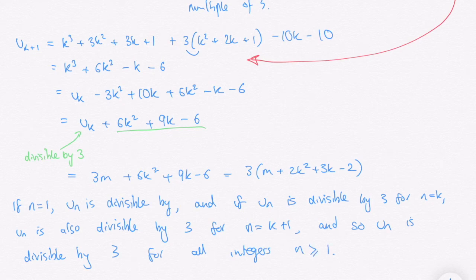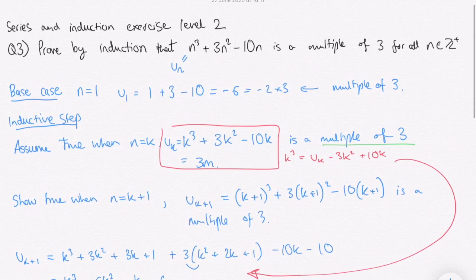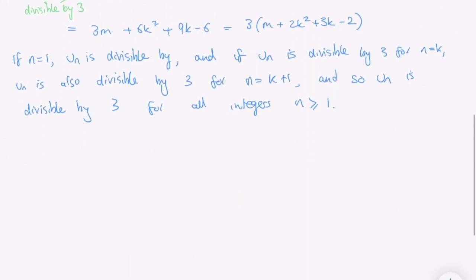It's worth pointing out that we don't need to do this proof by induction, and we can actually prove this statement a different way. But in this particular question, we were asked to prove by induction. However, I think it's worth having a look at a slightly different way of proving this.